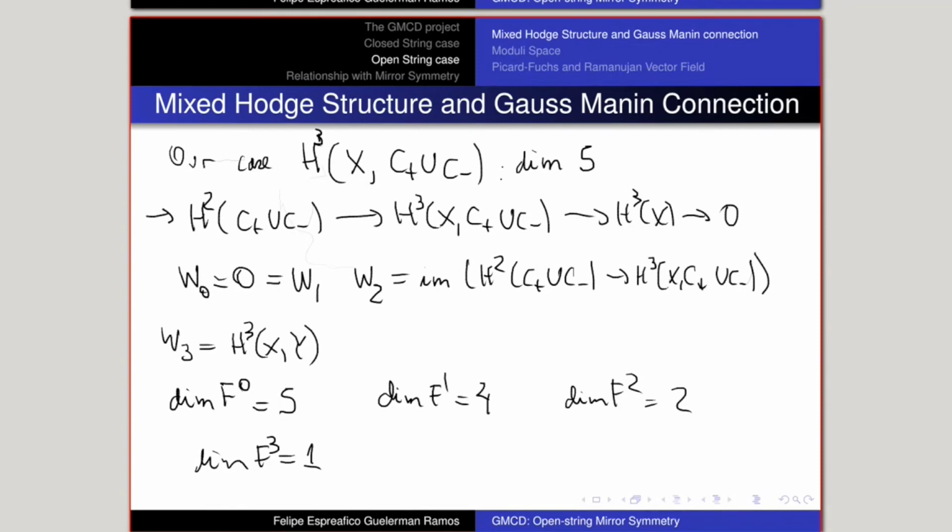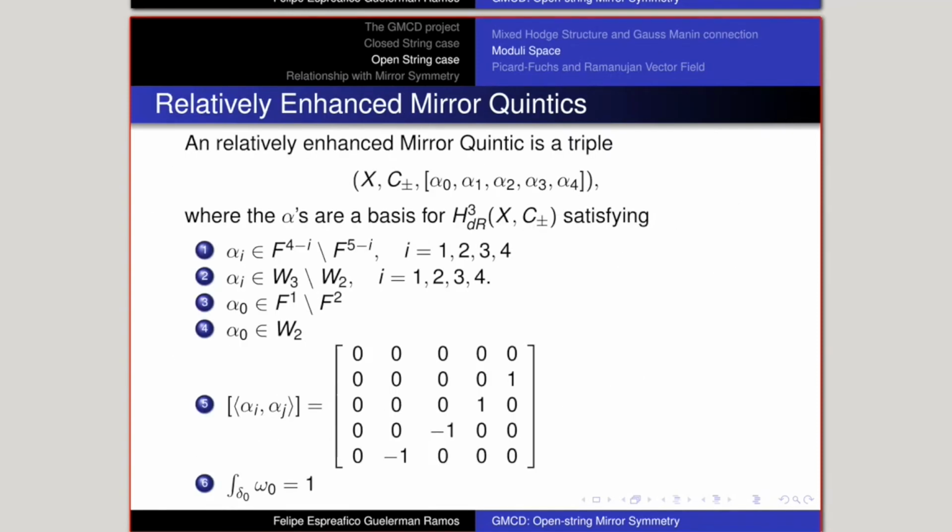Okay, and so again, we define this enhanced mirror quintics the same way. So we want pairs, I mean, here are triples because we have these two curves, so we consider mirror quintic and curve and a basis, and the point is that the basis should respect the Hodge filtration and also the weight filtration.